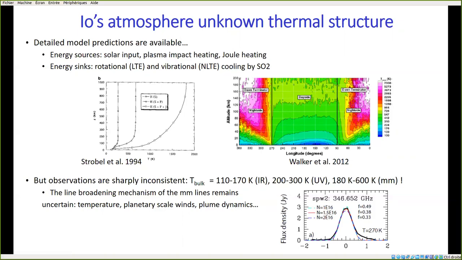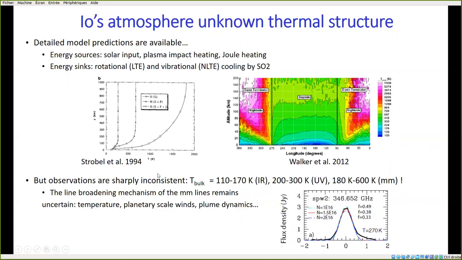These models generally predict that Io's upper atmosphere must be very hot, up to maybe 1500 K, but that the lower atmosphere should remain cold, typically below 200 K in the first kilometer. This is true both in one-dimensional and three-dimensional models.